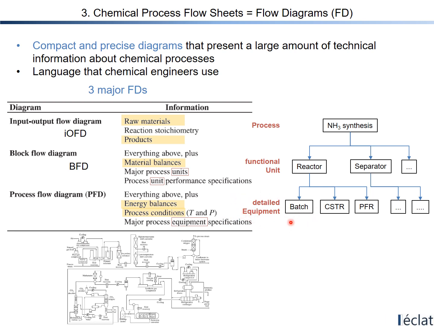So we have three different flow diagrams. Actually, they are similar to each other, only the complexity is a little bit different. So IOFD, BFD, PFD are the flow diagrams. This picture is about the process flow diagram, including everything in this information.